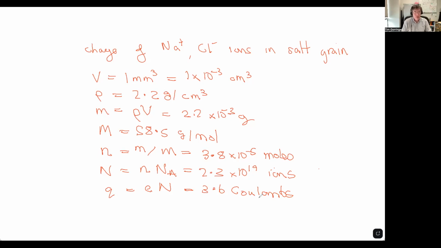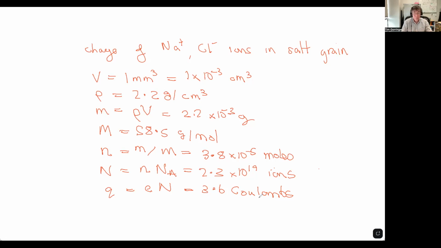Now, that's an interesting result. When you charge an object by rubbing cat's fur on a plastic rod, or rubbing silk on a glass rod, you will typically build up charges that are nanocoulombs, microcoulombs of charge.